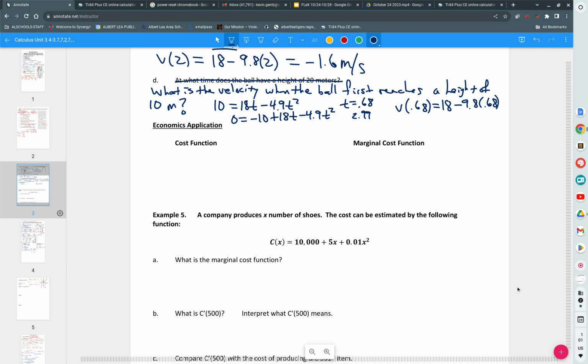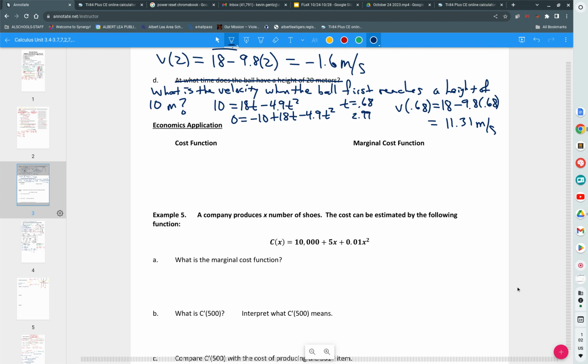Can somebody on their calculator compute 18 minus 9.8 times 0.68? 11.31, and that would be meters per second. And we said that it should be less than 18, but it should also be greater than 0. And all this works together. So a classic problem, throwing a ball into the air, and you're mapping the motion.